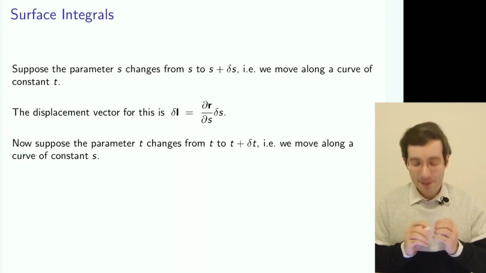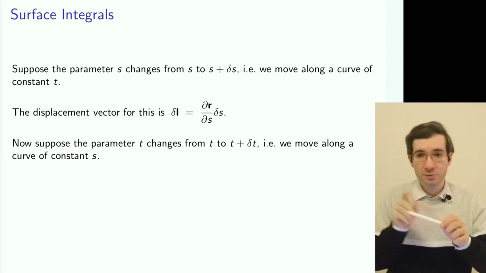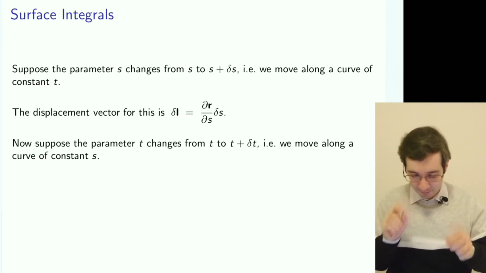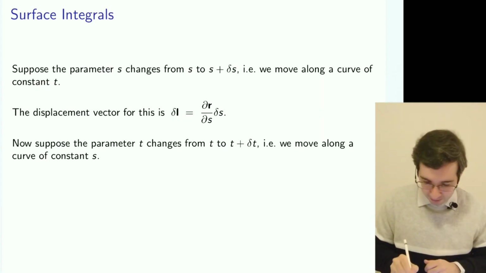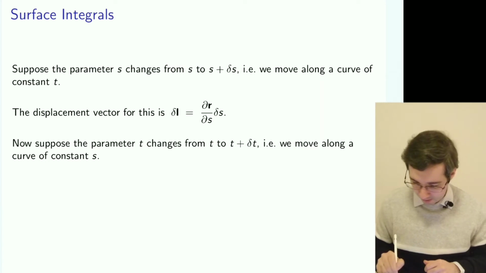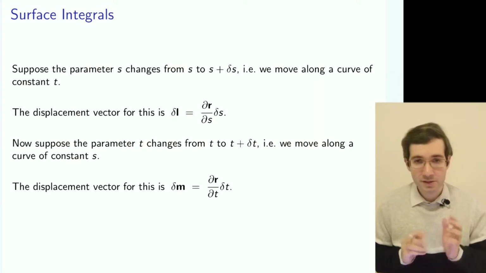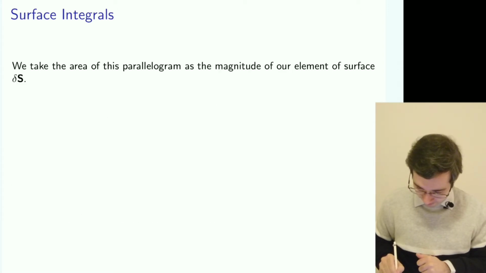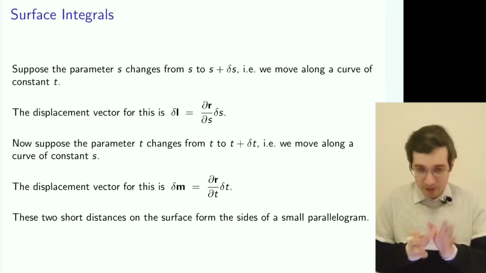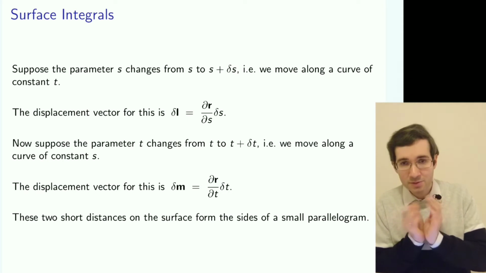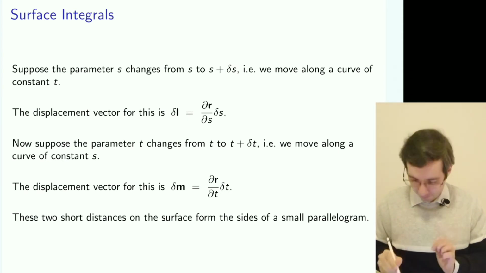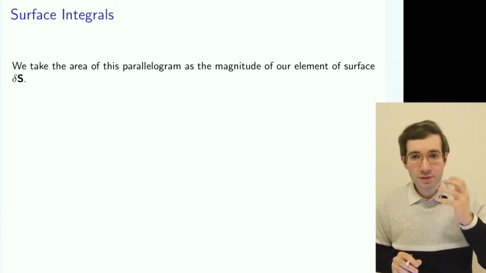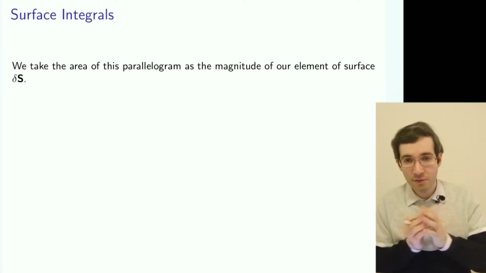And likewise, if we fix the s parameter, we can move along the direction defined by varying t, which is another vector, let's call it delta m. And if we take these things together, we will get a small parallelogram. And what we're interested in is to understand the area and the orientation of that parallelogram.